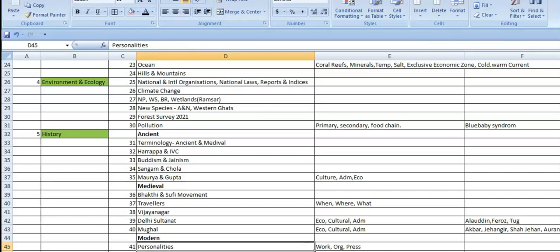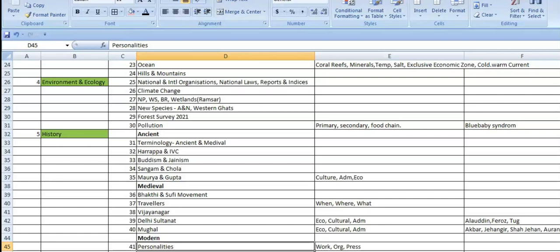You have to note down the modern personalities like Rabindranath Tagore. If you analyze the previous years' question papers, you will know Aurobindo, Jyotiba Phule, all these people.